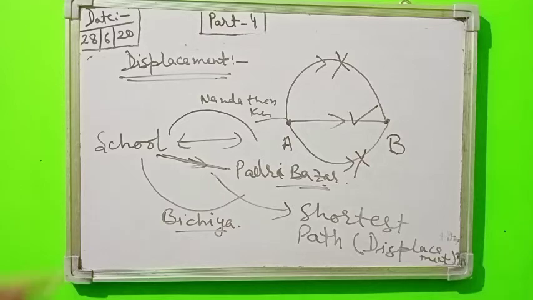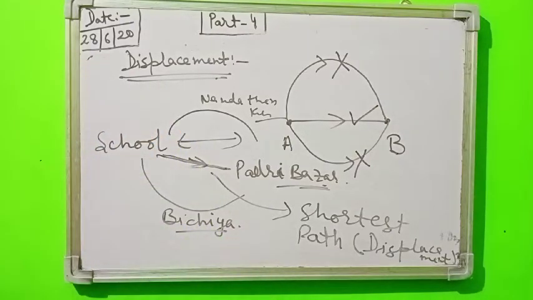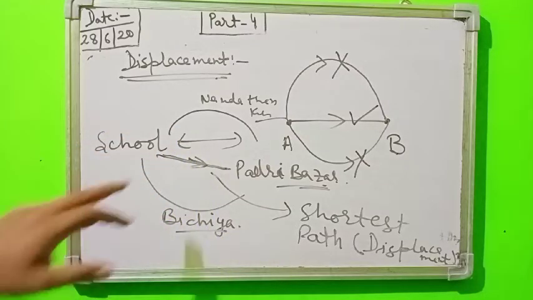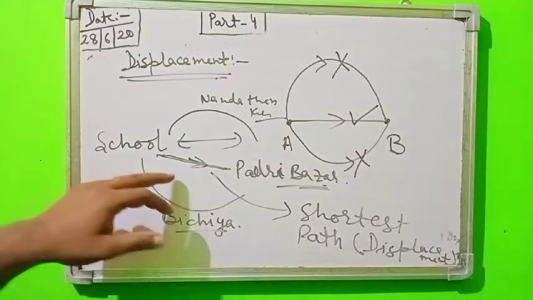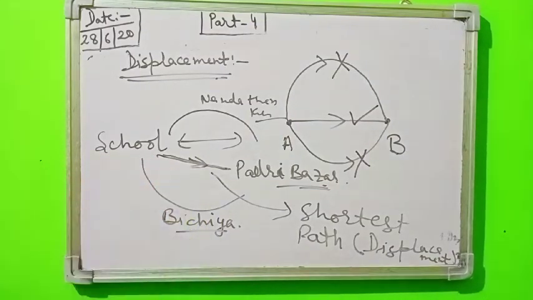If a body is moving in a straight line, then the distance covered by the body is equal to the displacement.